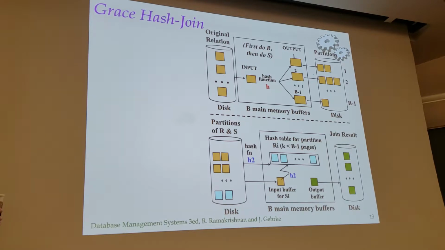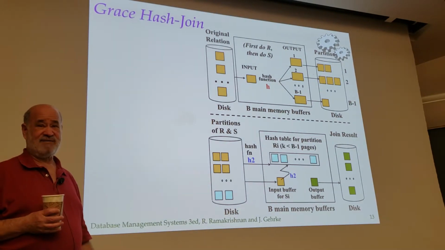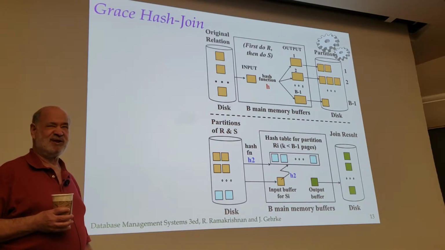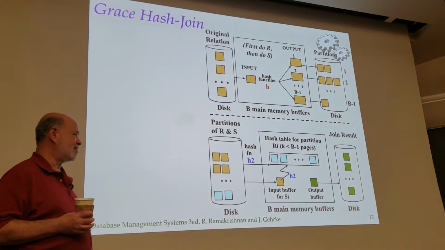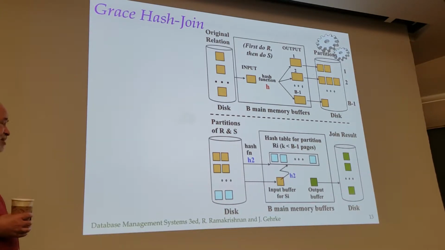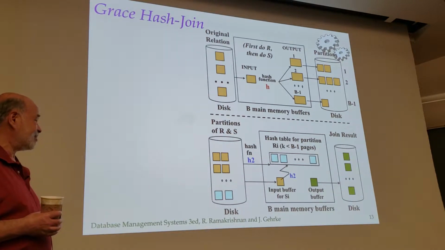If not, I'm going to have to do this again, going through each of these segments that I have of R sub 17, basically B-1 blocks at a time, putting them in a hash table in memory. Yes, a hash table takes a little bit more than the actual data pages, but not much. And as I get things coming out, I put them into my output, and yes, I pretty much want to have shadow buffers so I don't have to delay while I go out and read things and all the rest of it.